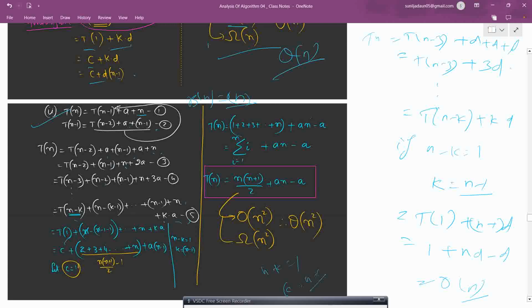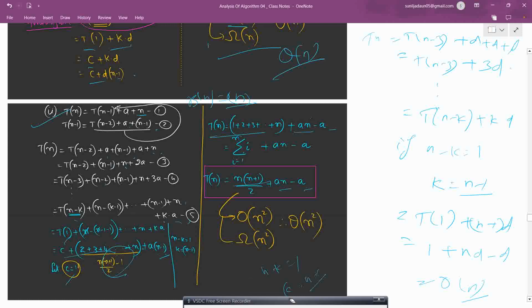So we substitute that from here. It becomes c plus 2 plus 3 plus 4 plus dot dot n, and a times (n minus 1) here. If c is equal to 1, it becomes the n(n plus 1)/2 series, right? Then an plus n(n plus 1)/2 minus a will become order of n square.